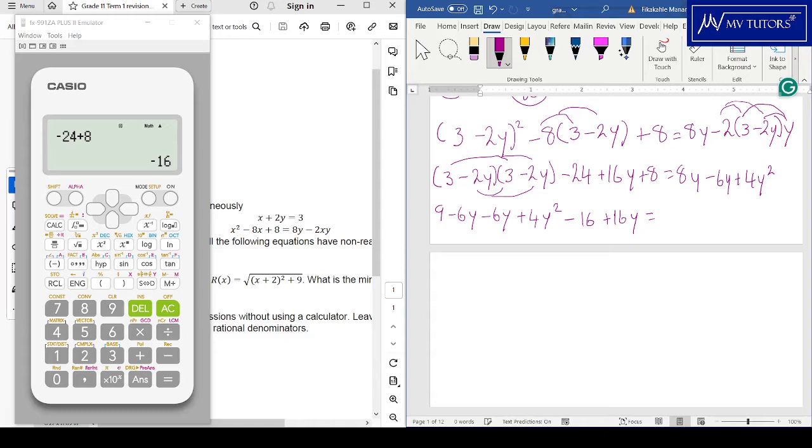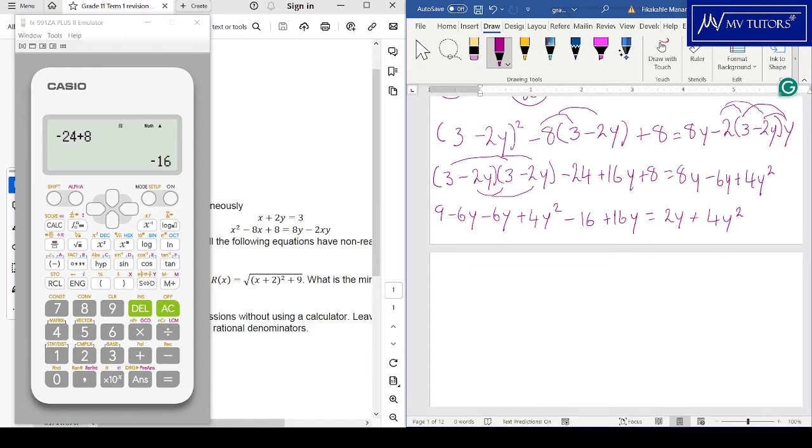Easy numbers, put them in a calculator. 8y minus 6y, that's 2y, plus 4y squared. So what I'm going to do now is put everything on one side, or maybe put variables on one side and numbers on the other. Let's see if that works out.